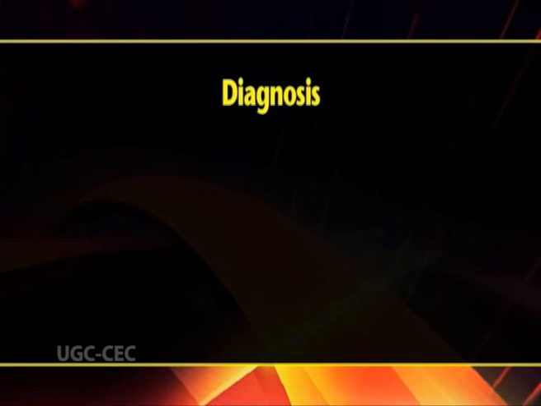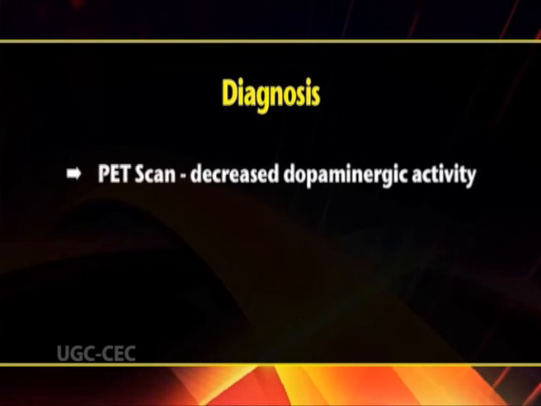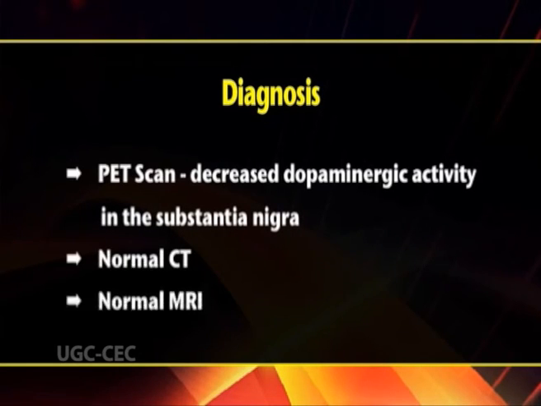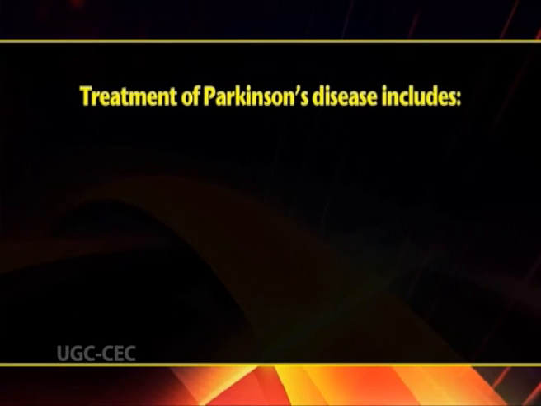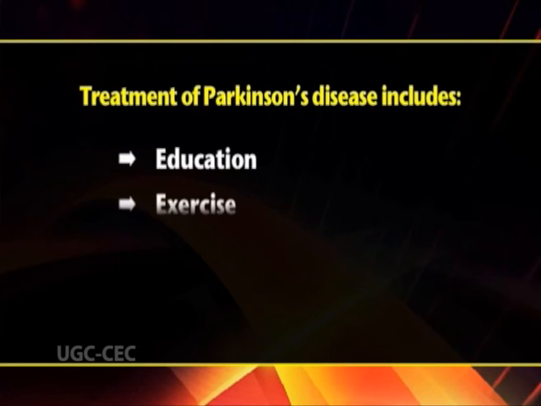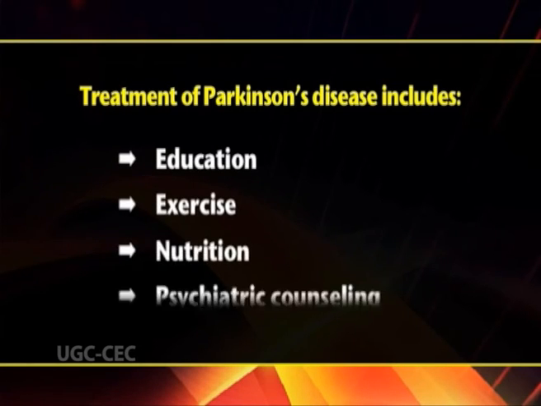Now its diagnosis: PET scan, which shows decreased dopaminergic activity in the substantia nigra, normal CT and normal MRA. Treatment of Parkinson's disease includes education, exercise, nutrition, and psychiatric counseling.